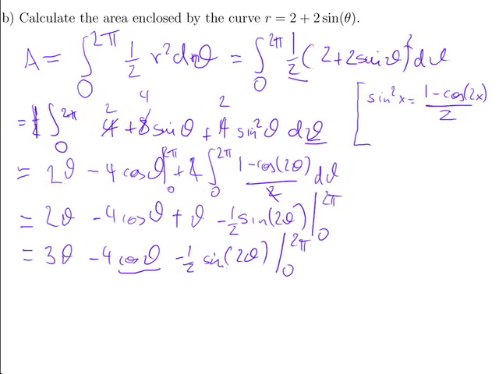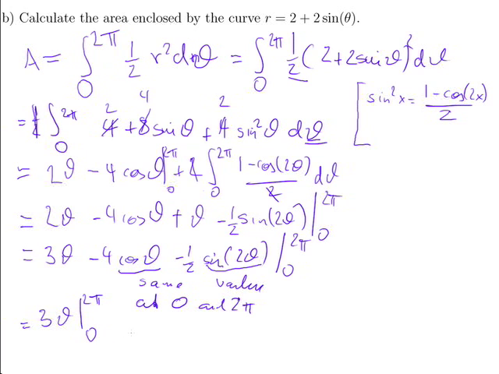Similarly, sin 2θ has the same value at 0 and 2 pi. If we evaluate this at the upper limit at 2 pi, we get the same value as when we evaluate this at the lower limit, and therefore these terms will cancel out. So this must be the same as 3θ evaluated from 0 to 2 pi.